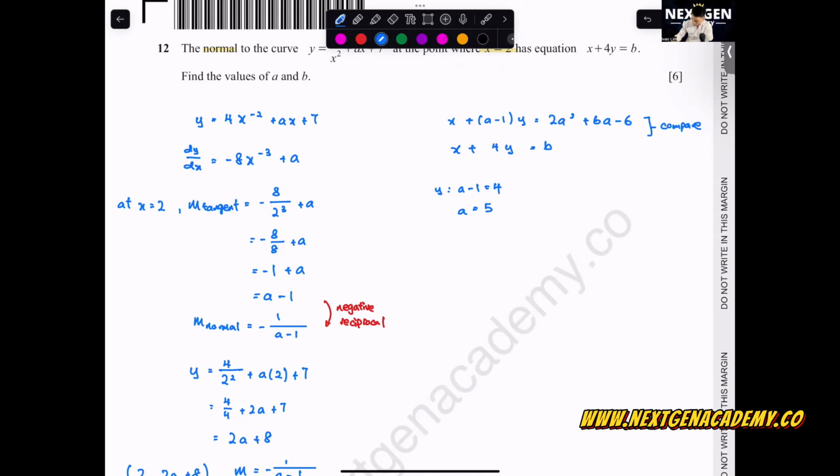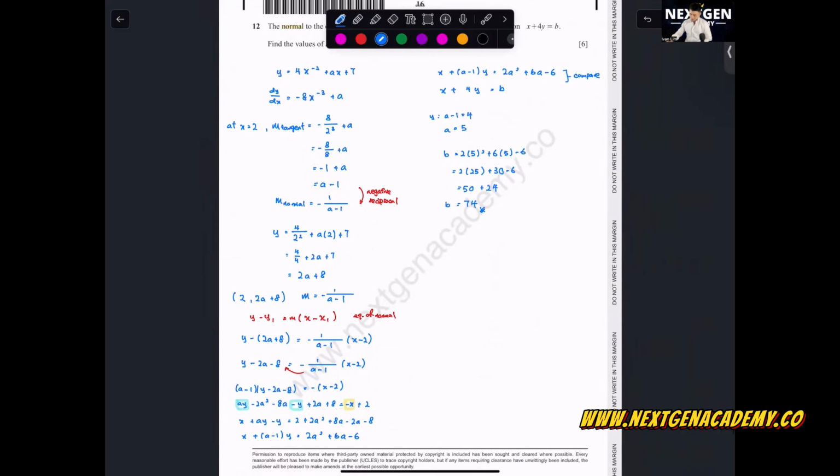For the b value, b is 2 times 5 squared plus 6 times 5 minus 6, which is 2 times 25 plus 30 minus 6, so 50 plus 24. Therefore, b equals 74. This is the final answer.